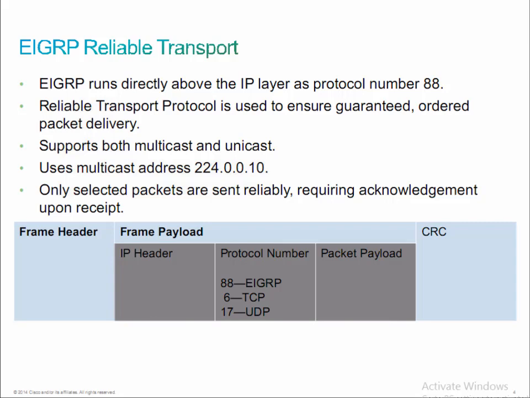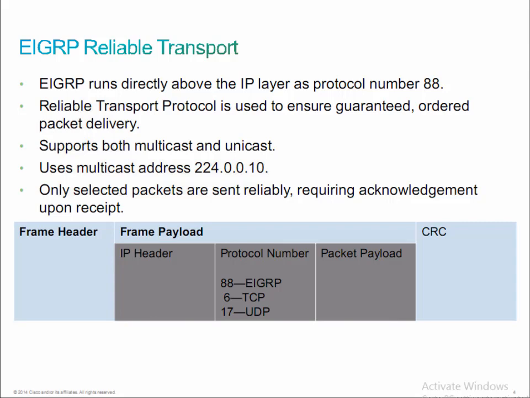Again, there's 5 message types that we talk about with the EIGRP: hello, update, query, reply, and acknowledgement. We're not going to acknowledge acknowledgements, obviously, and hello packets don't get acknowledged. They're sent unreliably because we simply get hello packets back. All right.